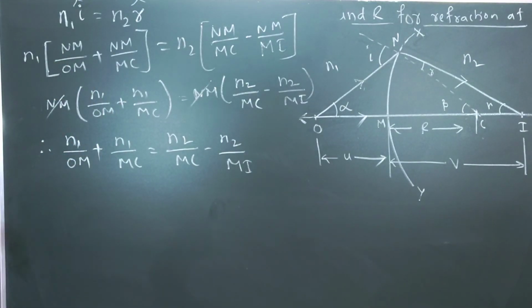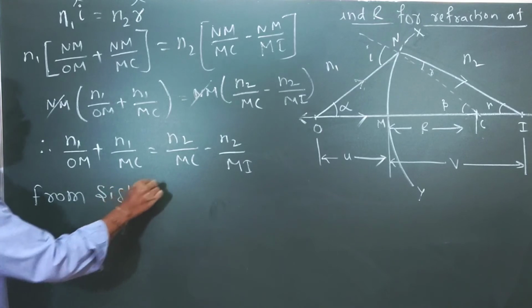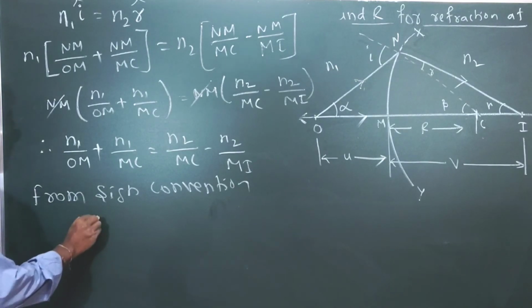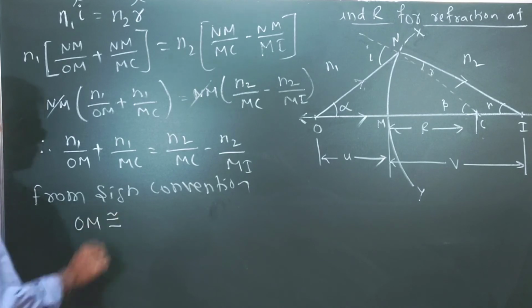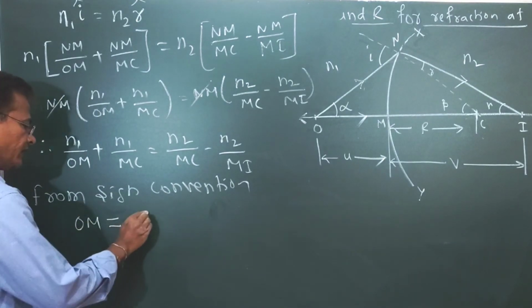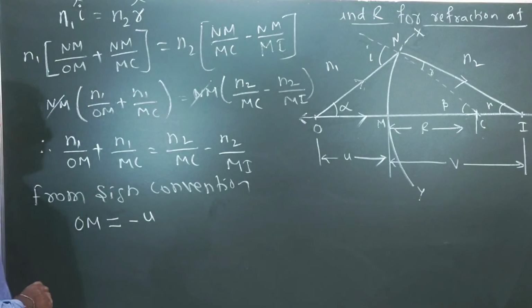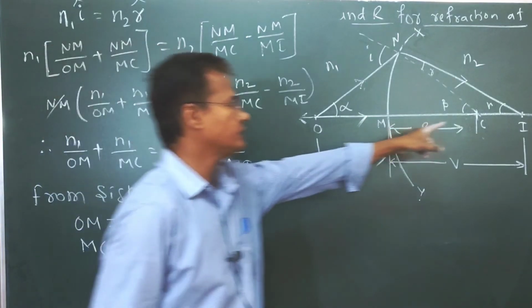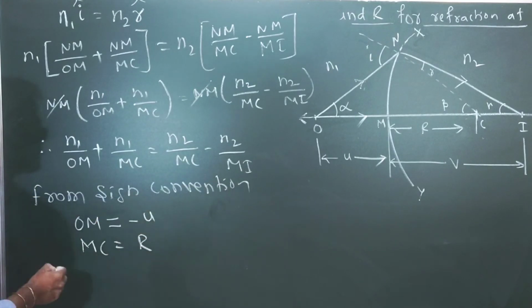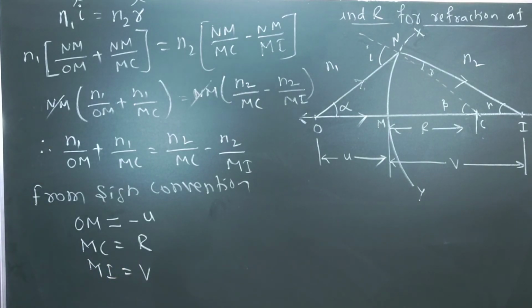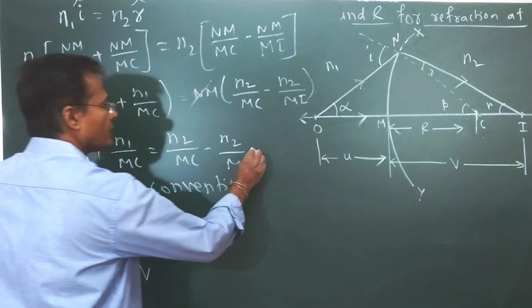From the sign convention, OM equals minus u because it is on the left side, MC equals R, the radius of curvature, and MI equals V. We substitute the values in equation 4.